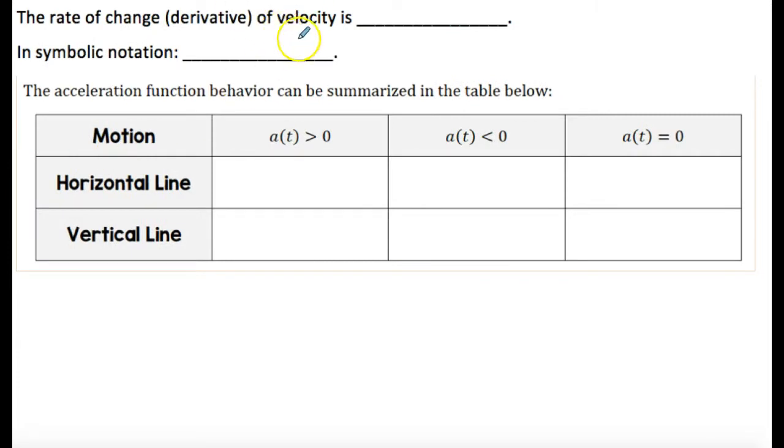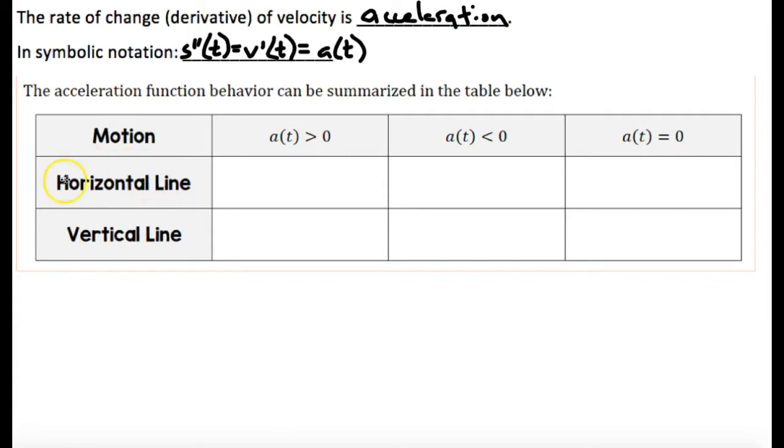The derivative of velocity, then, is acceleration. So symbolically, we can say the second derivative of position is equal to the derivative of velocity, and that is equal to acceleration. All right. Now, in terms of where acceleration is positive, acceleration is negative, and acceleration is 0, these are a little bit trickier to visualize.